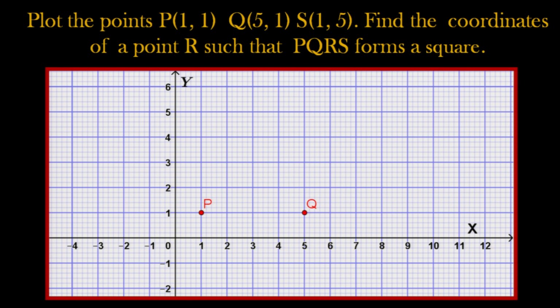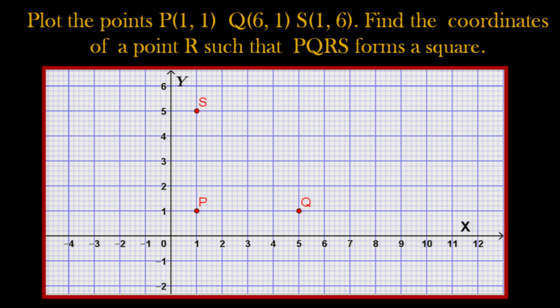And about S, this is (1, 5). Therefore we have to go 1 unit along the x-axis, then 5 units along the y-axis. So this is S. Now we have to search for the point R because P, Q, S are given.